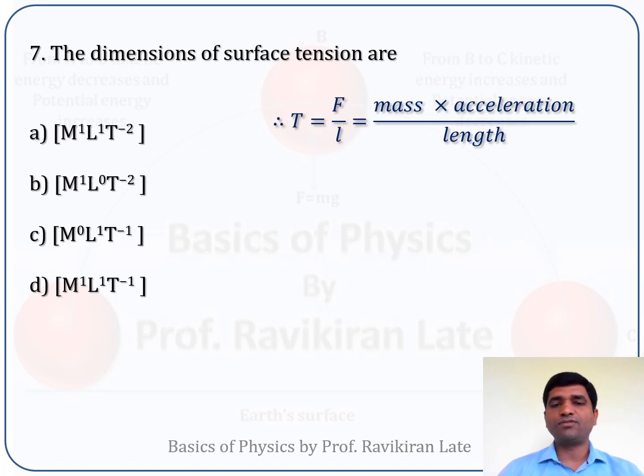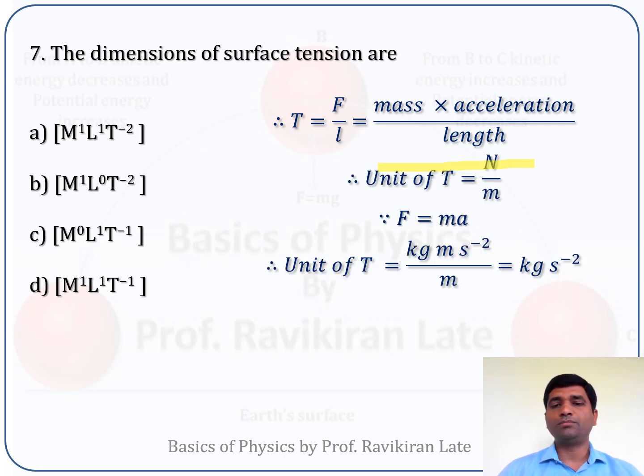We know that surface tension is nothing but force per unit length, and force is mass into acceleration from Newton's second law of motion. So if I substitute this value in the expression, surface tension is mass into acceleration divided by length. Now we'll write down the units of this quantity.